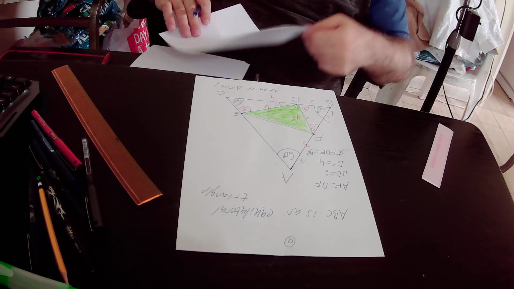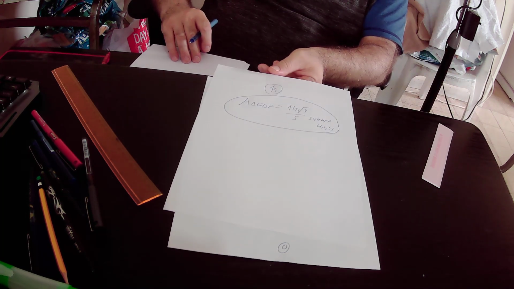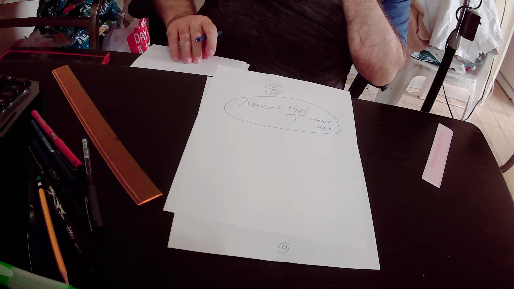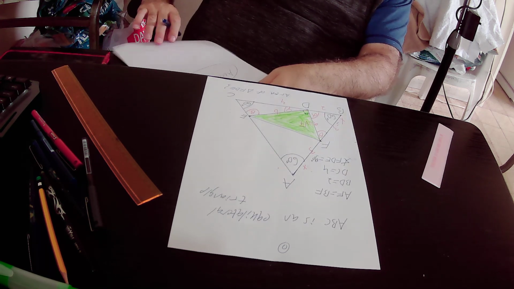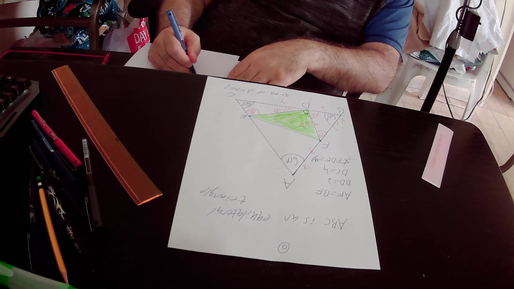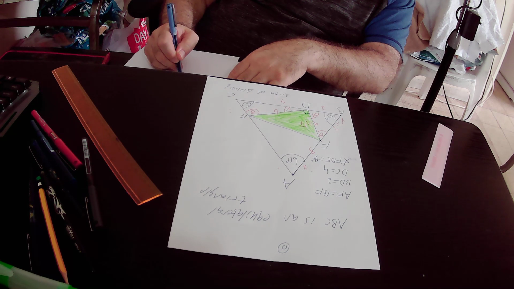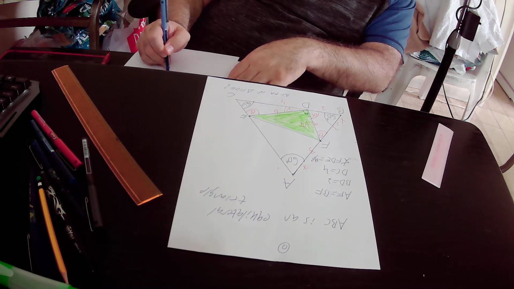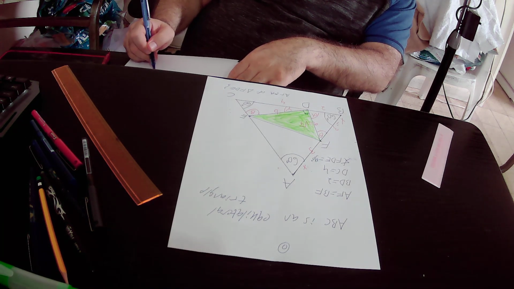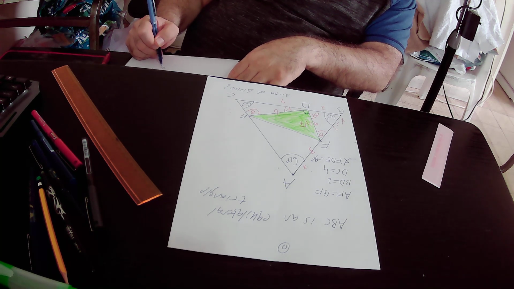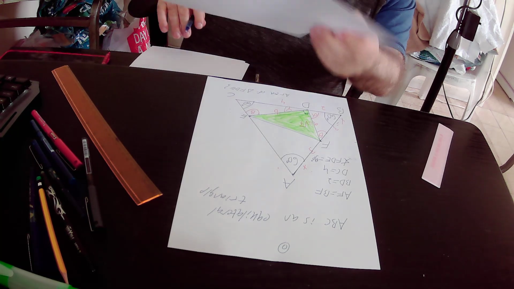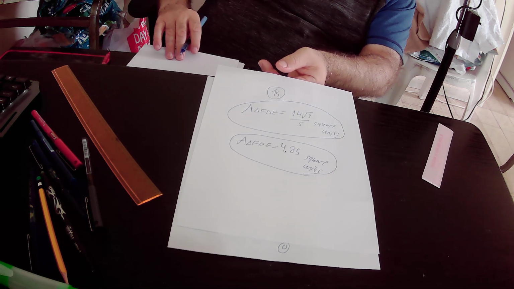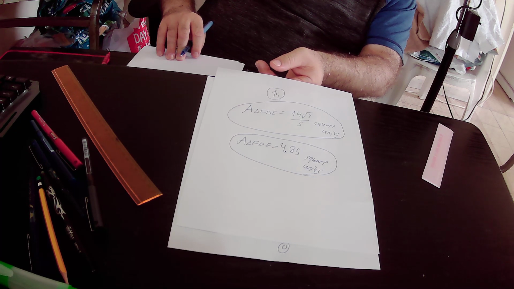Okay, so the area of the green triangle FDE equals 14 times root 3 over 5 square units, or in terms of numbers, the area of the green triangle FDE equals 4.85 square units.